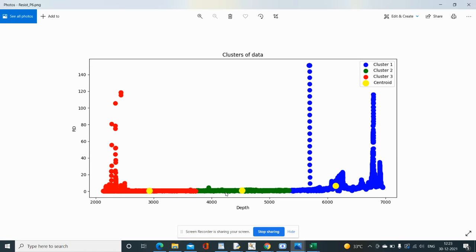Apart from visualizing the three clusters, we can say that the erroneous data is in cluster 1, and genuine data is in cluster 3, as genuine positive beneficial data is in cluster 3 as well, because this is an increase in resistivity which we are looking for in the oil and gas industry while drilling for oil and gas.